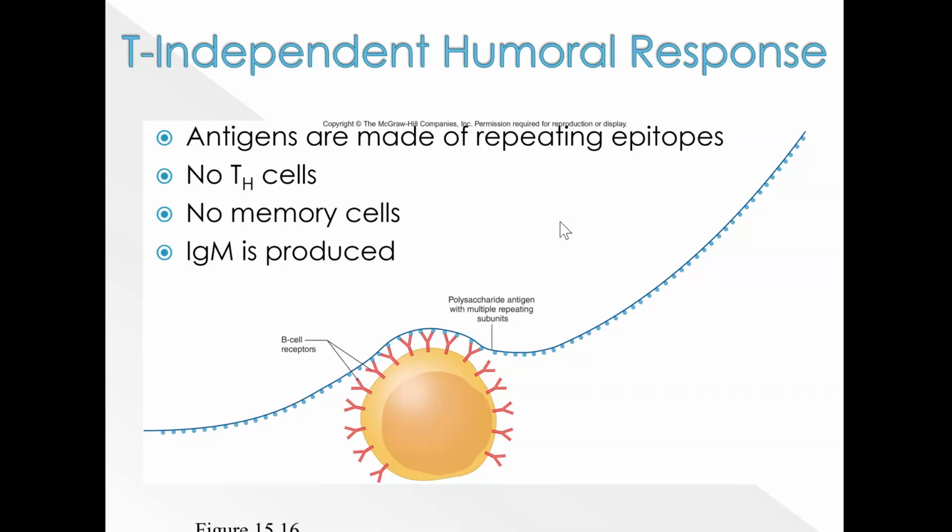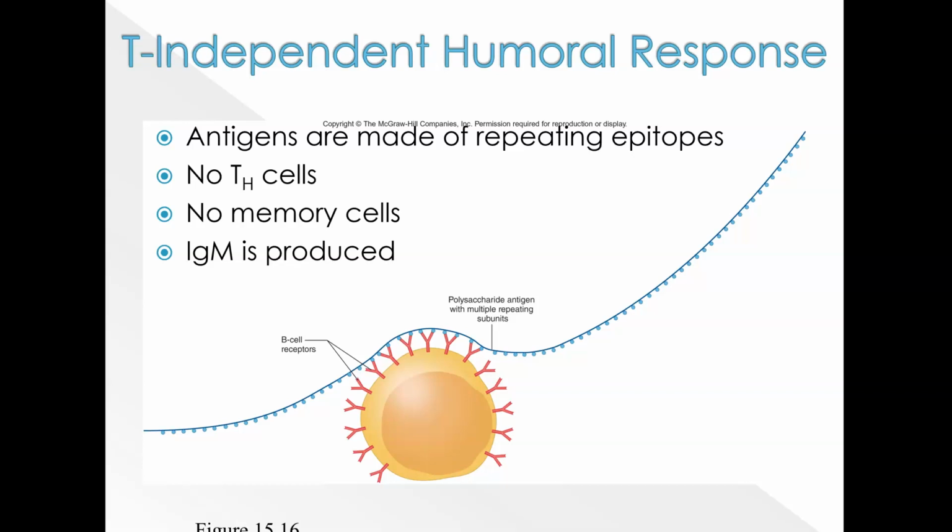So the T-independent humoral response is an interesting avenue of study, because this is essentially what happens in people with no T helper cells, right? So people with advanced HIV, the only response that they get is IgM, because their B cells never mature because they don't get that amplifying signal from helper T cells. But it does have an effect.